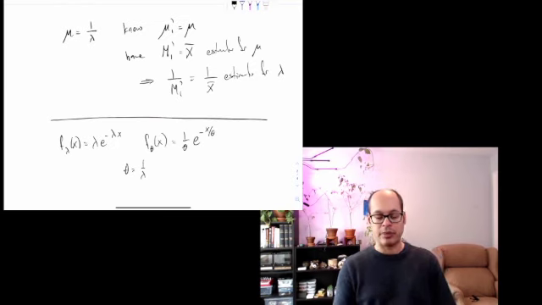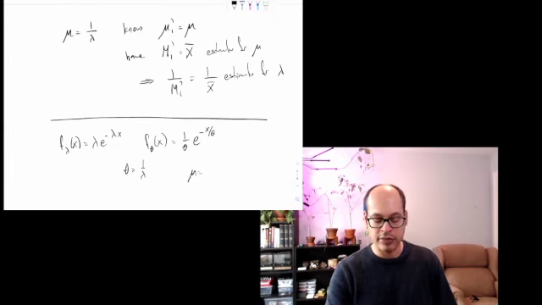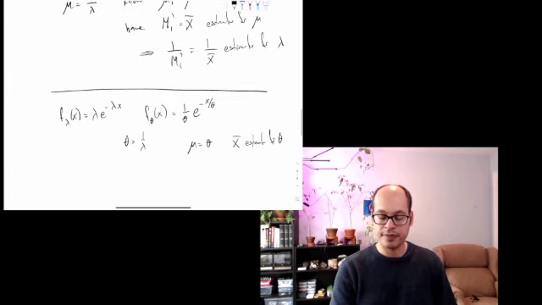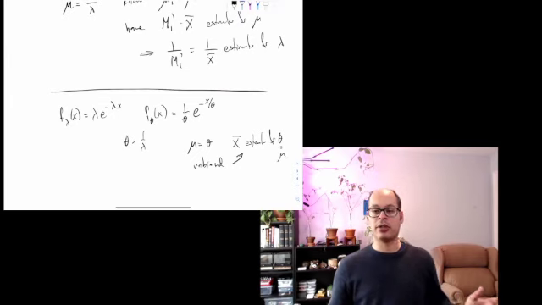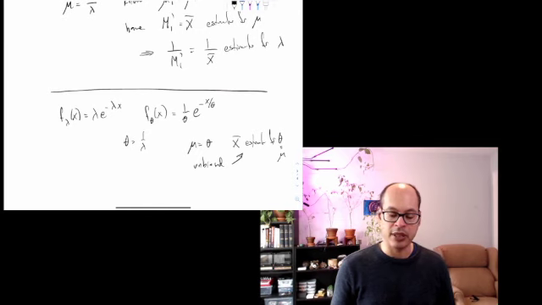If I use this representation, then the mean is theta, and therefore x bar is an estimator for theta, and it's an unbiased estimator, because theta equals mu, and we know that the sample mean is an unbiased estimator for the mean.